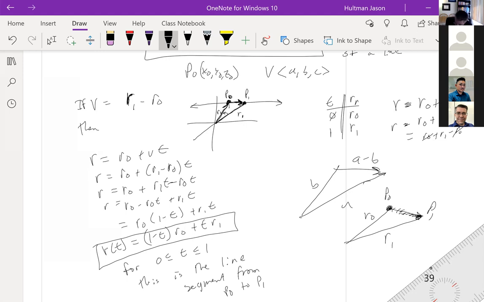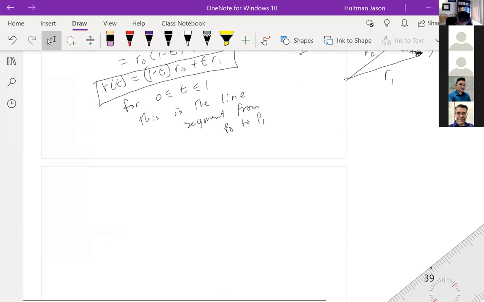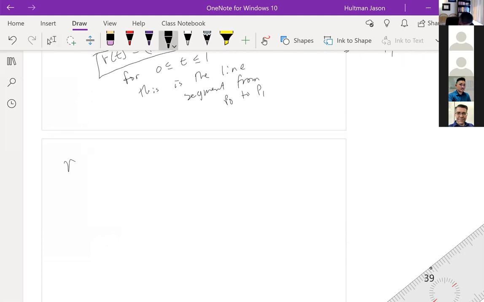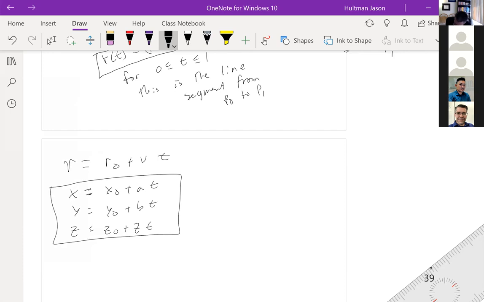Okay, let's do a couple of examples with this. So let's keep in mind that r is equal to r naught plus v t. x is equal to x naught plus a t. y is equal to y naught plus b t. And z is equal to z naught plus c t. These are my parametric equations of a line.